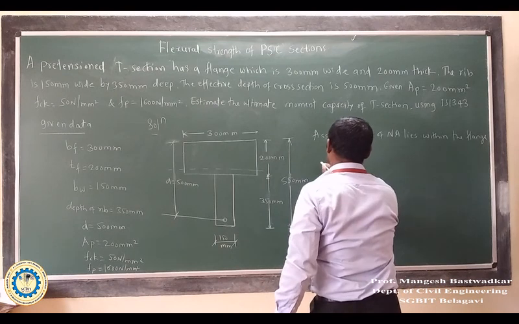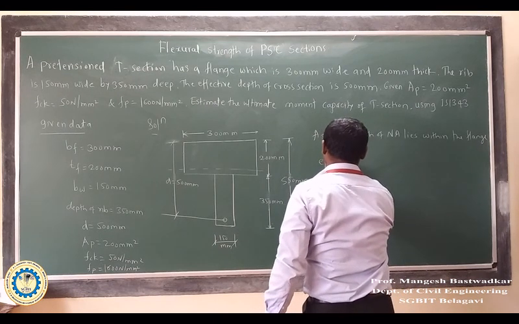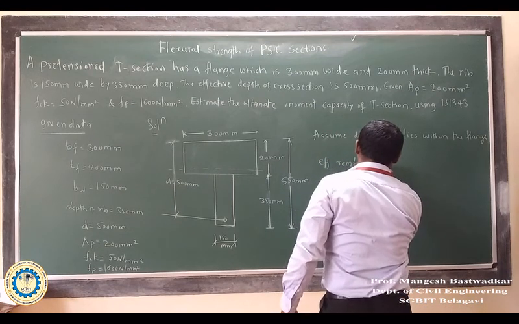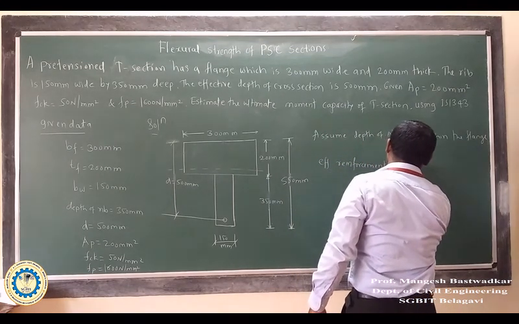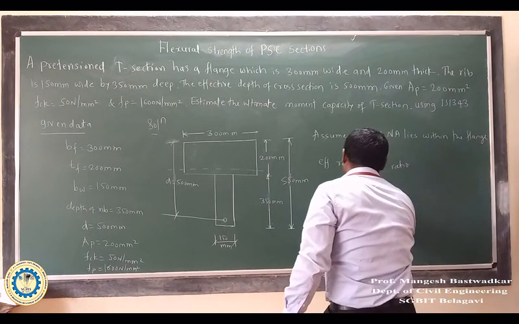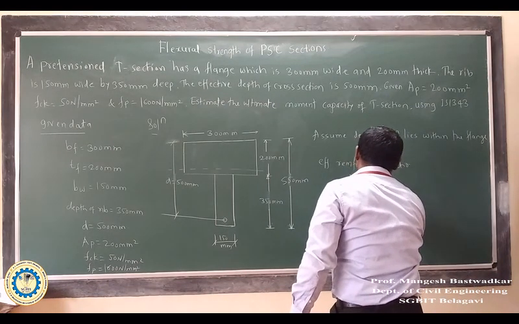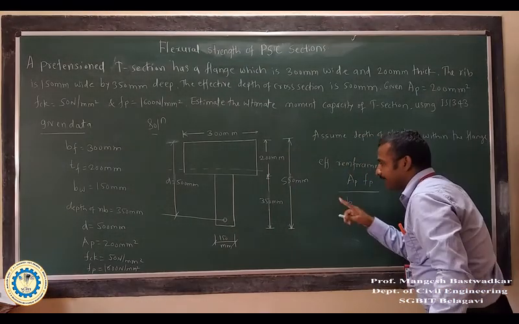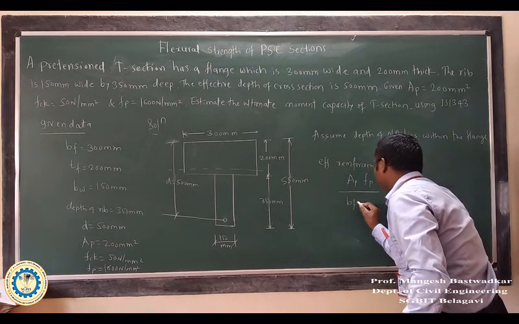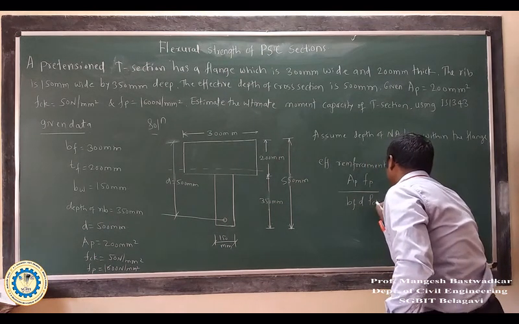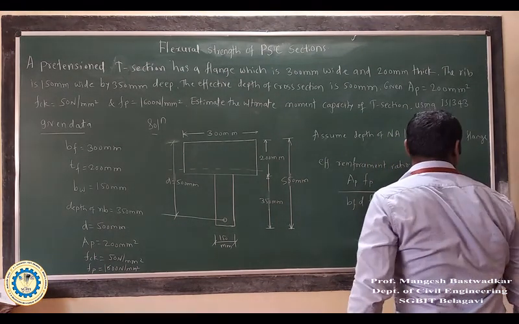Okay, so effective reinforcement ratio is AP into FP divided by, instead of B we will take BF, BF into D into FCK. So we will calculate this.